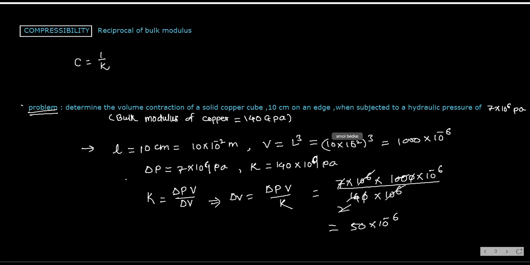This is giga. One minute, wait. Here you change. This is 9, it should be. Okay. This is giga. So make it 9 here, and here also this will be 9.